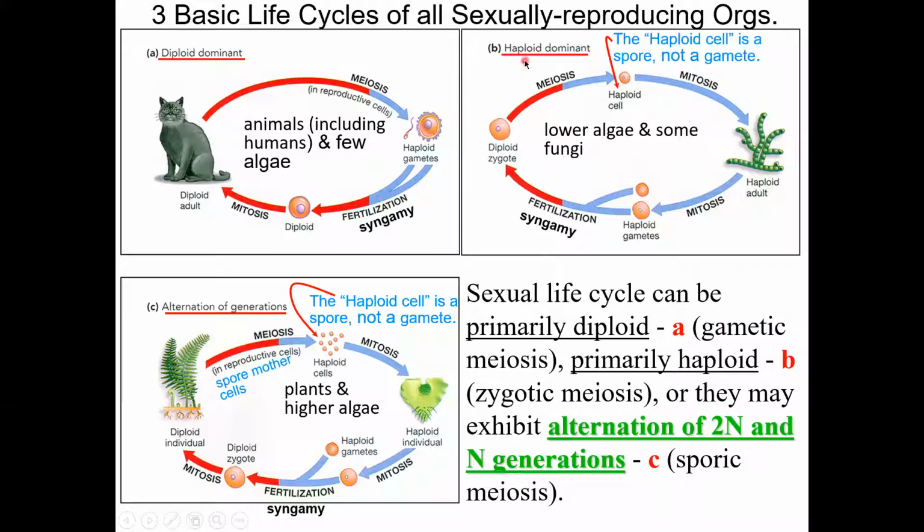It can be haploid dominant, primarily haploid, and that means zygotic meiosis, or the one that we're aiming to talk about today, in the most detail, is alternation of diploid and haploid generations. And it's called sporic meiosis because it is the spores that undergo meiosis, actually the spore mother cells that undergo meiosis to form the cells.